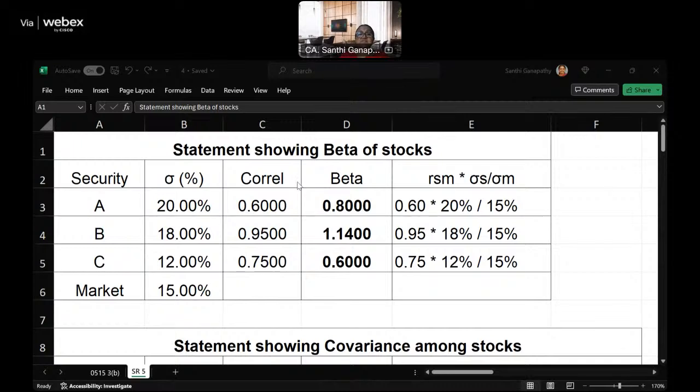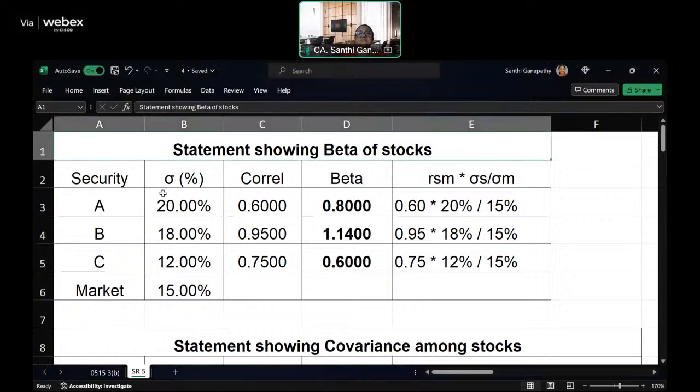Correlation 0.6 into standard deviation of the security 20% divided by standard deviation of the market 15%. That is how we find beta for all three A, B, C.